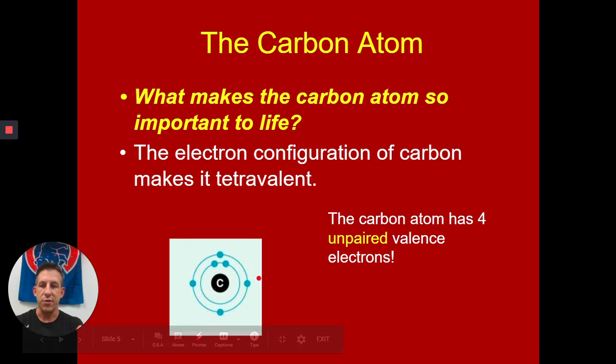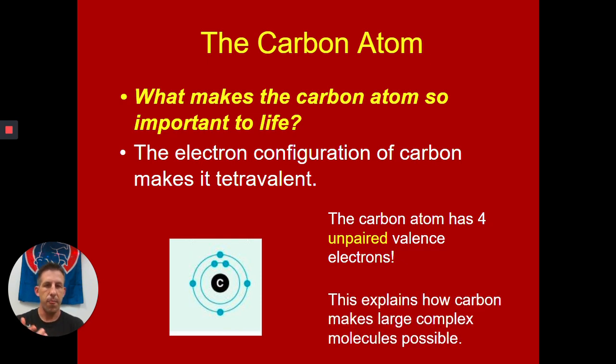But in this case with carbon, it has 4 different sites where it will share electrons. And most oftentimes, carbon will make very complex, large molecules because it shares those outer electrons with other atoms, and it's basically got 4 spots, which is almost the maximum.